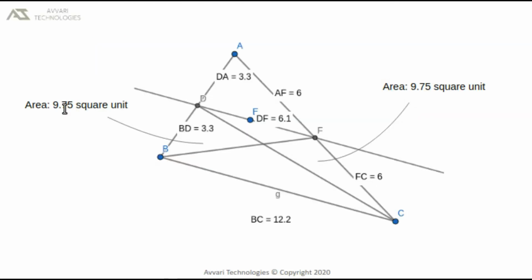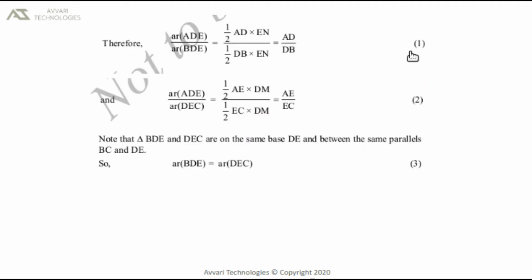This part is 9.75 square units and this part is 9.75 square units. Both areas are the same. In equation 1 we have area of ADE divided by area of BDE is equal to AD by DB, and in equation 2 we have area of ADE divided by area of DEC, which is equal to AE by AC.